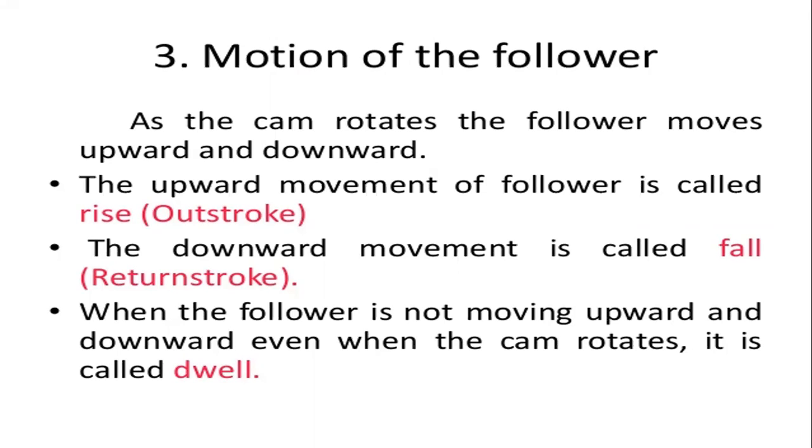So the three movements are rise, fall, and dwell. There is no other name for the dwell movement, but for the rise and fall, they have outstroke and return stroke, so there are two names.